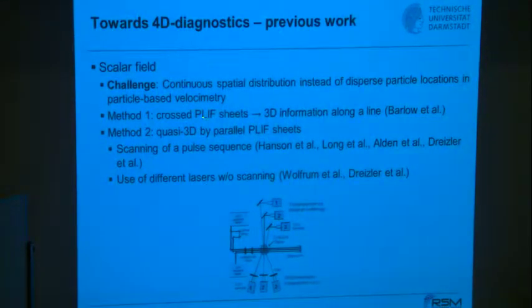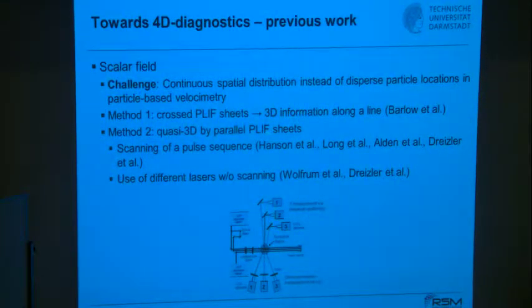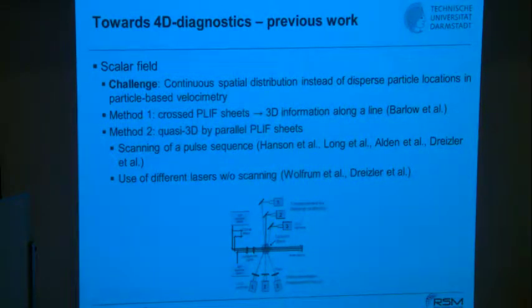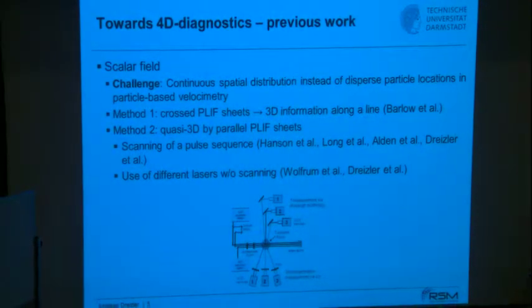Another possibility is to use multiple parallel sheets to come up with something like quasi-3D imaging. The more planes you have, the better the resolution might be in the out-of-plane direction. There is one possibility to simply scan pulses, if you have a high-speed laser, let it be a burst laser or a continuously emitting pulse laser, which is then swept over the region of interest, over the volume, back and forth.